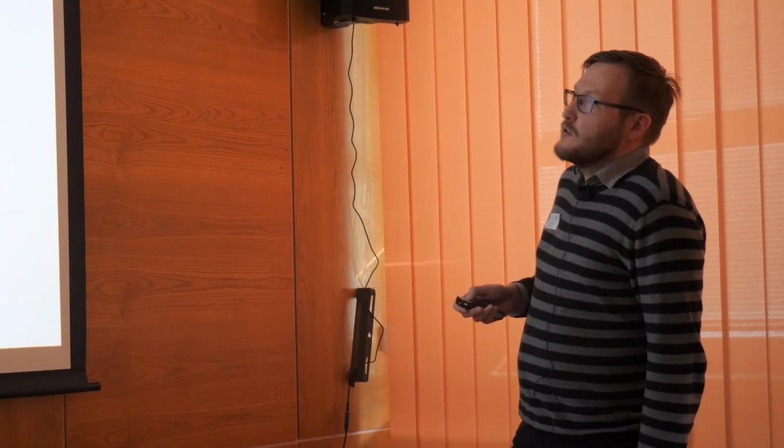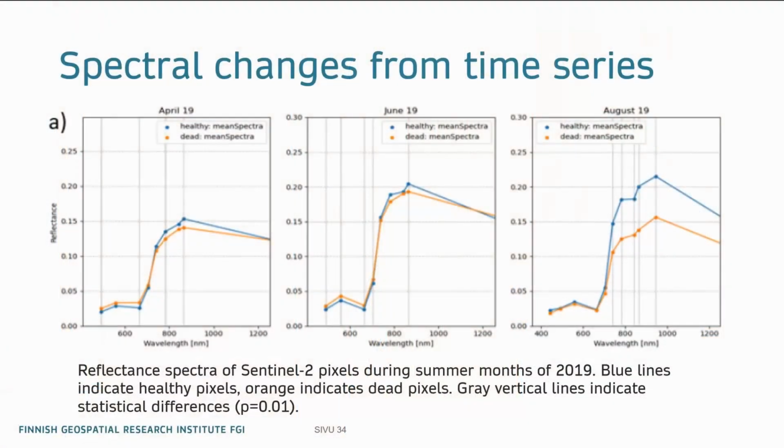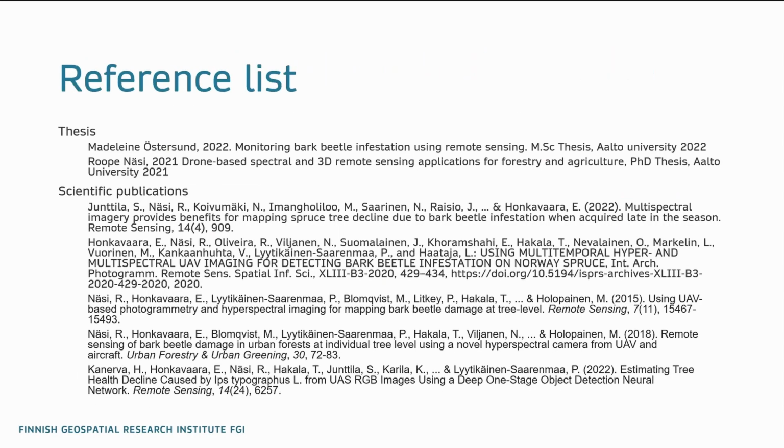In June it still looks quite similar, but in August the difference was higher, and this was a quite expected result, that the difference will be bigger in late summer.